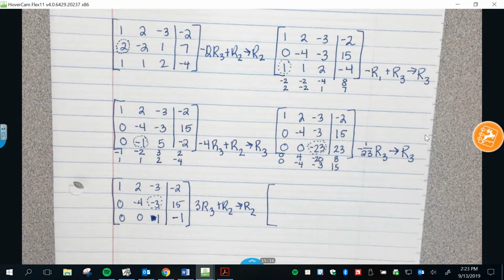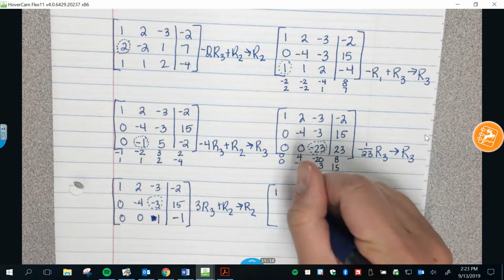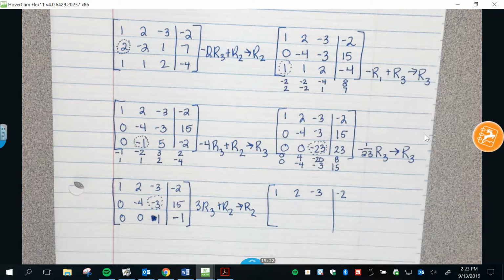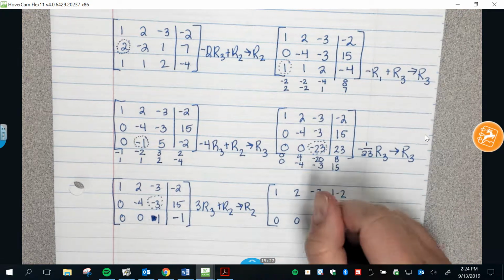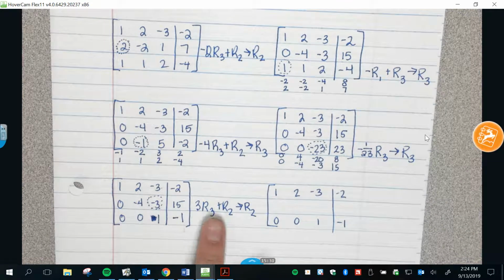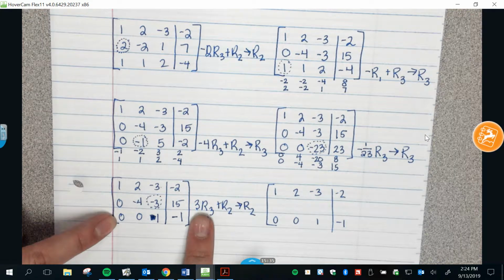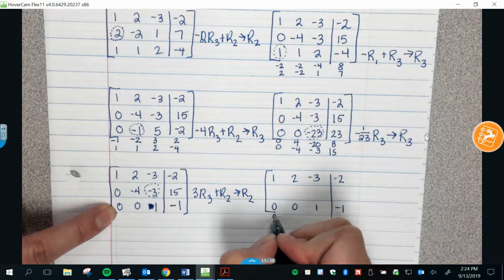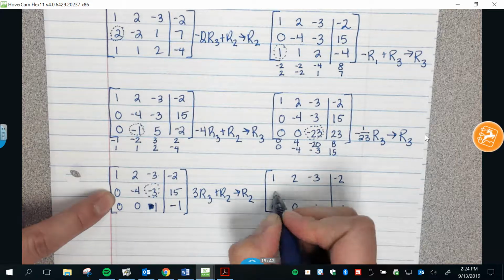Okay. So, top row doesn't change. Feels like you just rewrite the top row often. Third row didn't change, so I'm going to write that. Now I'm taking 3 times row 3 plus row 2 into row 2. So, row 3, that's 0. 3 times 0 is 0. Plus 0 makes 0.